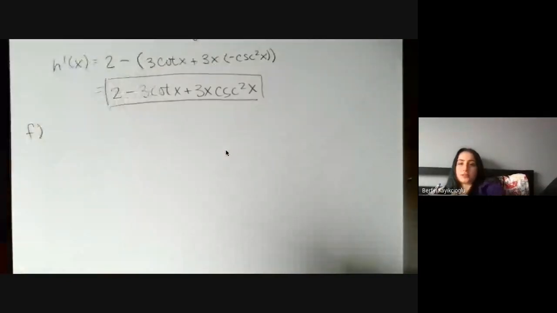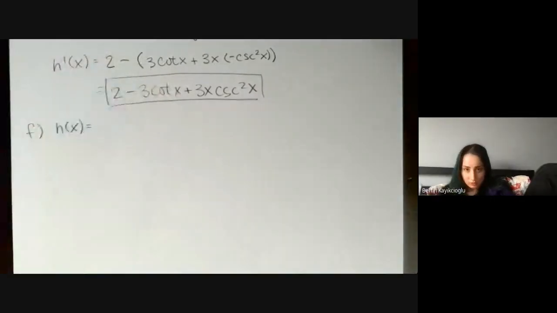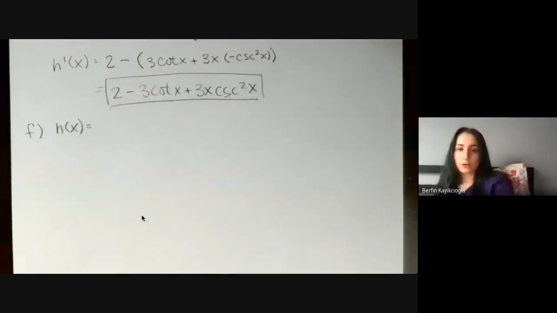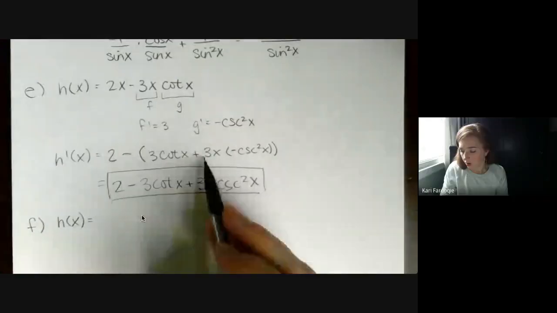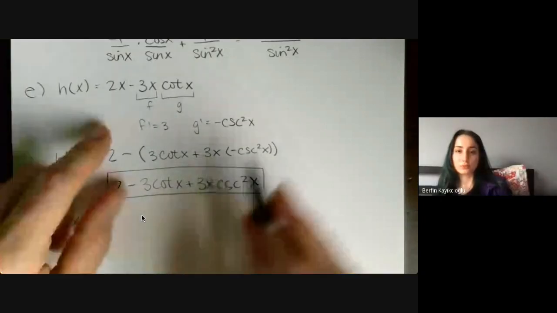I have a question. Tell me. Ask me. When you were doing the h prime of x, you put plus 3x. Isn't it supposed to be 2x? F prime. Well, we're not taking the 2 from the beginning.